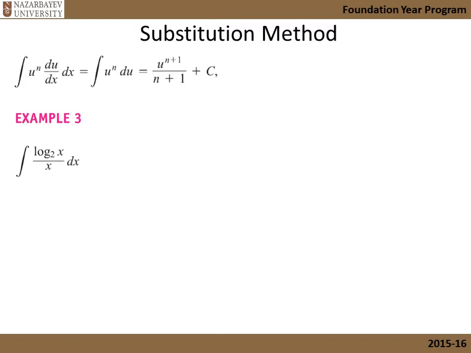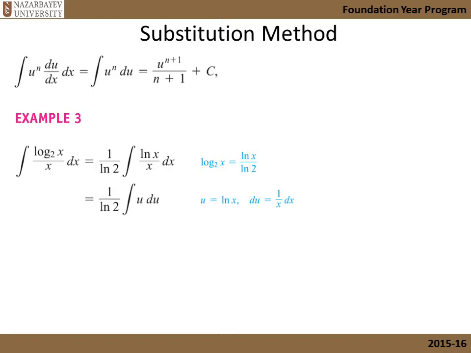Let's look at the following example. We have the integral of log with the base 2 of x over x dx, and let's just separate our constant, which is ln 2, using the logarithmic rule. So we have 1 over ln 2 multiplied by the integral of ln x over x dx. And here again we can recognize our u equals ln x, and our du will be equal to 1 over x dx.